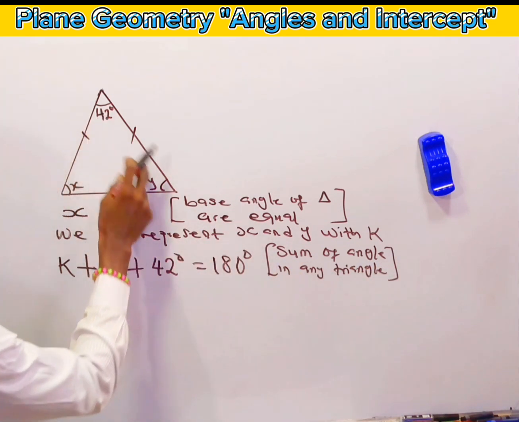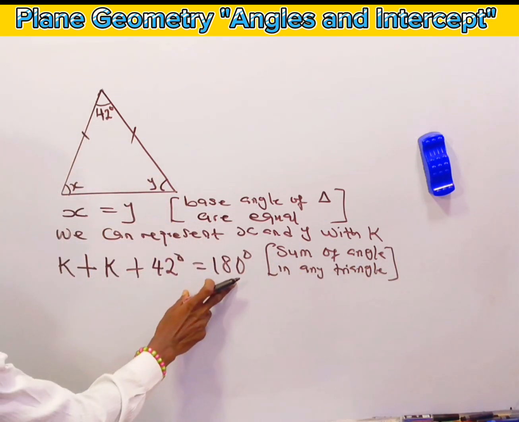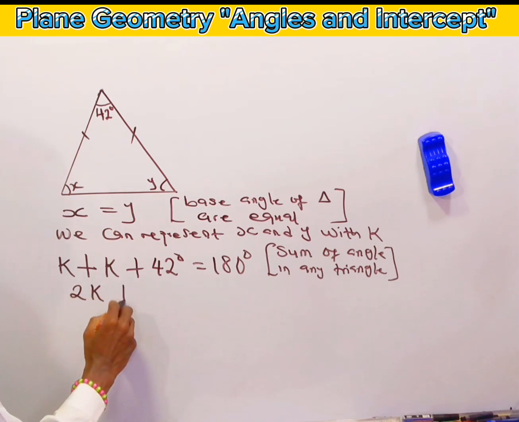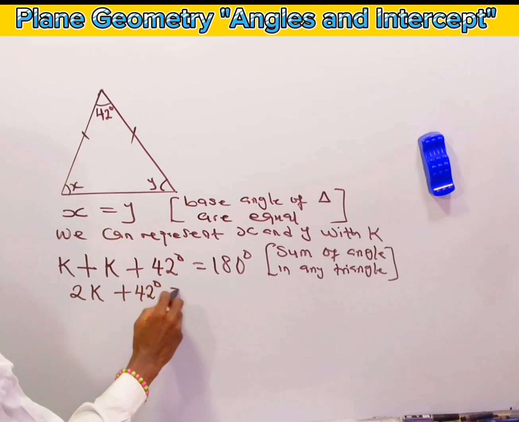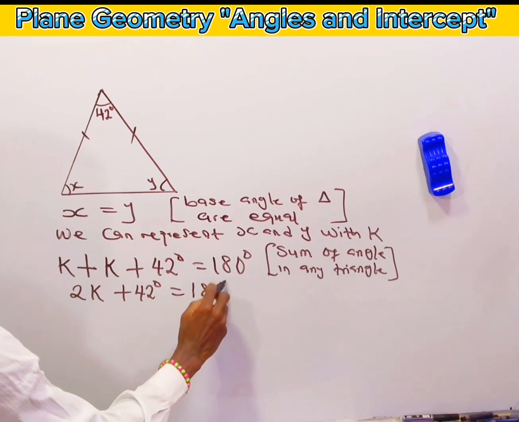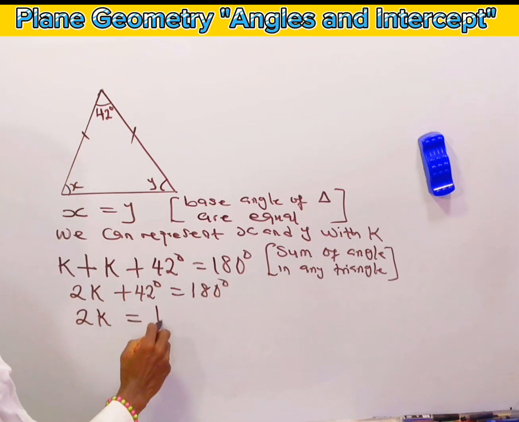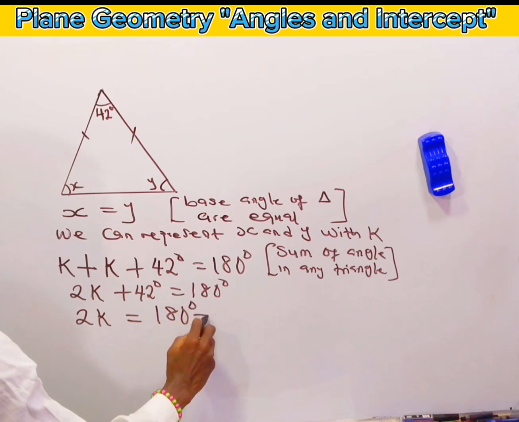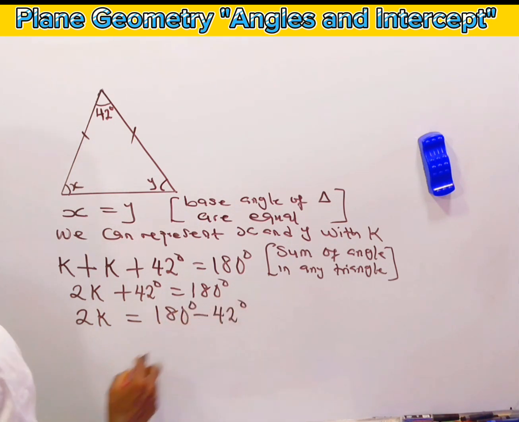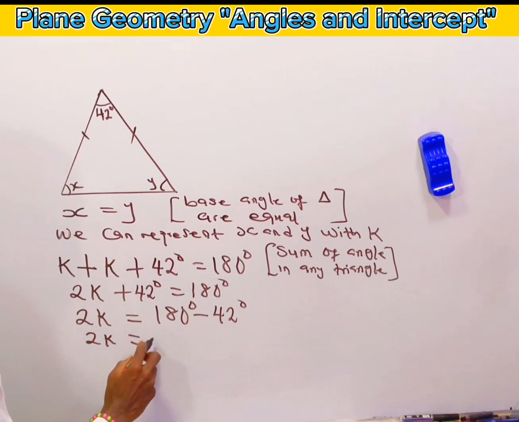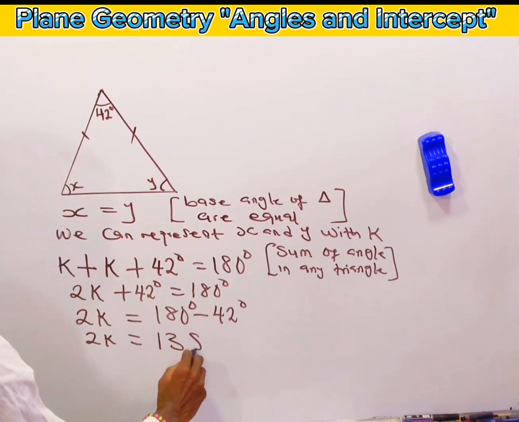K plus K gives us 2K plus 42 degrees is 180. So we have 2K equal to 180 degrees minus 42 degrees. That makes 2K to be 138 degrees.